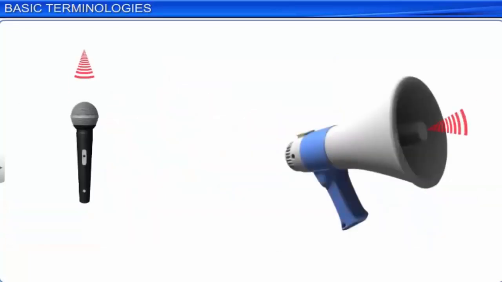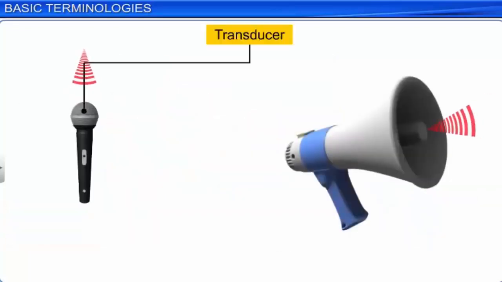This is done by a device called the transducer. At the transmitter, the sound energy of the message signal is converted into electrical energy by a transducer. The electrical energy of the received signal is converted back into sound energy at the receiver by another transducer.